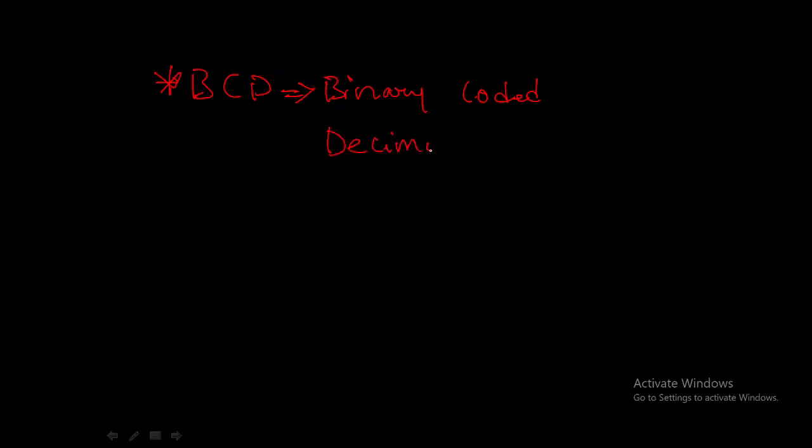So let us start with the topic called BCD codes, which stands for binary coded decimal numbers. Binary coded decimal is a type of binary code used to represent a given decimal number in its equivalent binary form.